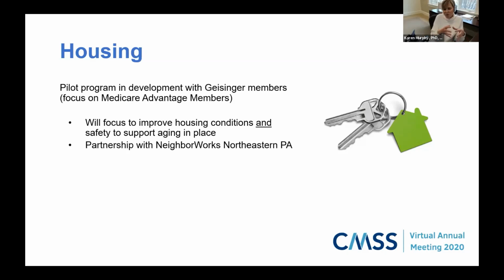How can we partner with high rises and other types of senior living at finding housing, but number two, also improving housing conditions and a way to keep elderly in the home and to prevent falls, provide food, so they're living on their own. So really addressing not only securing housing, but also, once they have their home, addressing the housing conditions. Next slide, please.